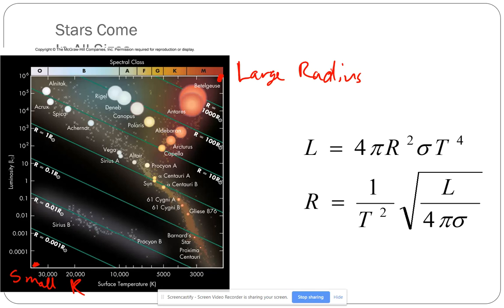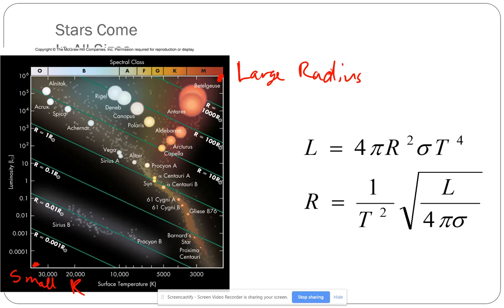And then this main sequence, note that the sun, of course, is a star. This green line here is 1 solar radius. The sun has a radius of 1 solar radius. The temperature of the sun, come down here, and it should be 5,800 kelvins. The luminosity of the sun, you come over here, it should be 1 solar luminosity.